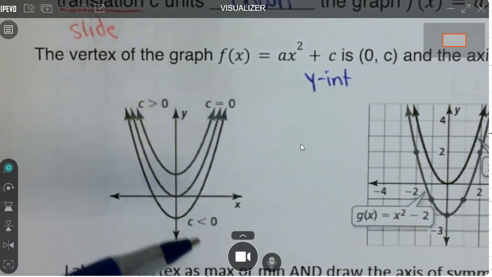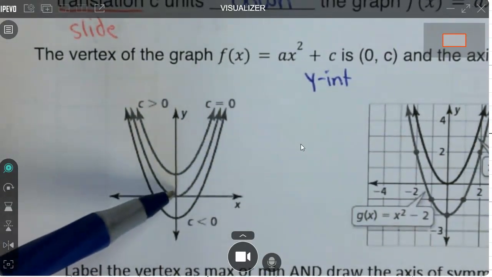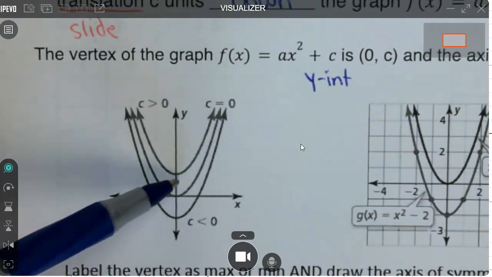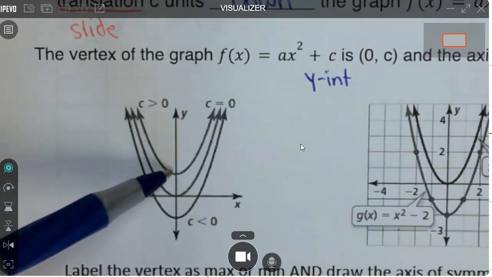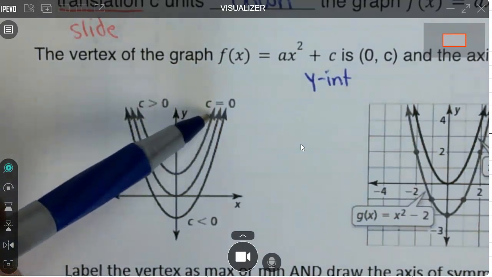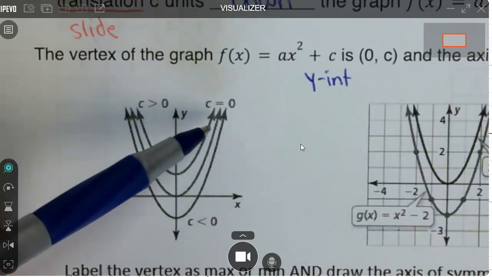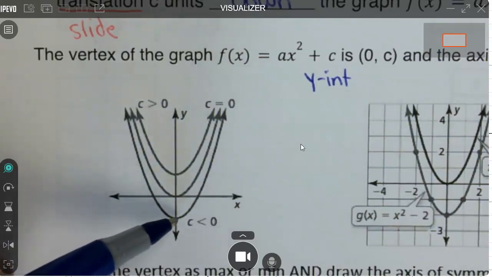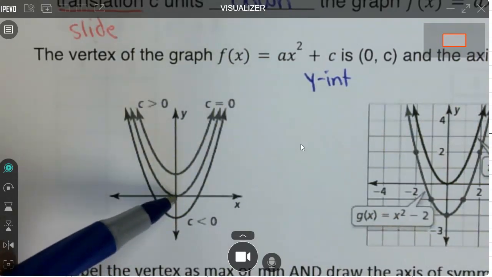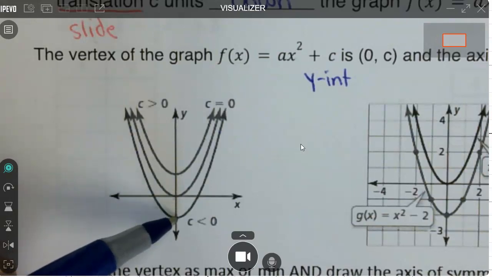Well, if I make the c value positive, a number greater than 0, the vertex was here, it just shifts up. So now this is ax squared plus c when the c value is greater than 0. If the c value is negative, less than 0, then what we have to do is shift it down. So now the vertex, instead of being here, it just slides down.